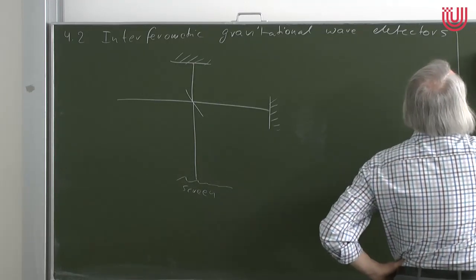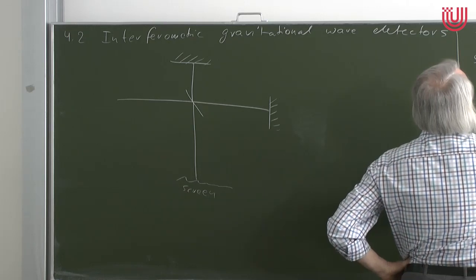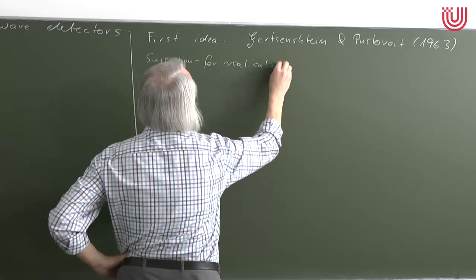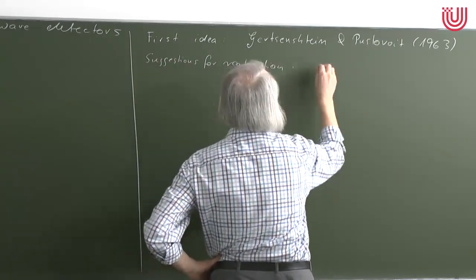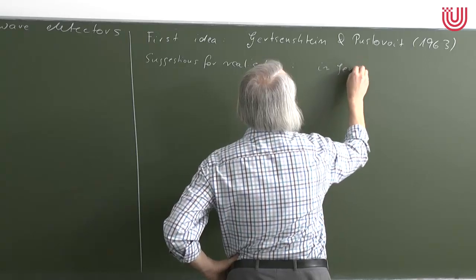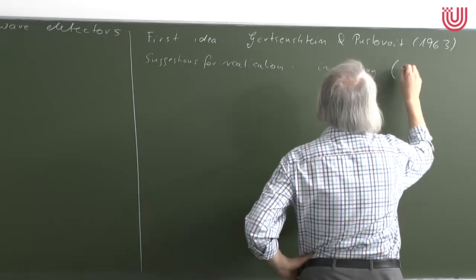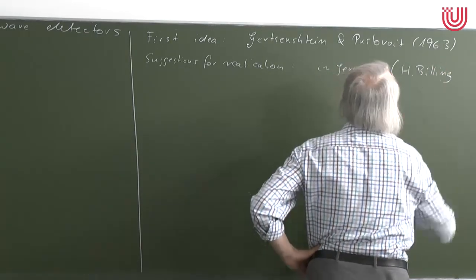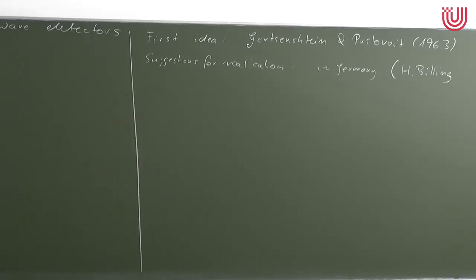So suggestions for realization came later. This was done in parallel, actually, in Germany. And the leading figure was Heinz Billing from the Max Planck Institute in Munich, in Garching.